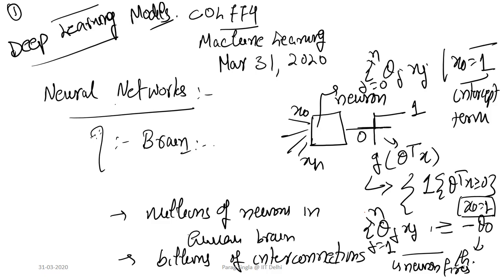So this is the basic idea of a neuron, and these neurons are supposed to be the basic unit of computation in the brain, and there could be millions of neurons in the human brain. What is impressive is the amount of parallel computation that they can achieve with billions of interconnections.